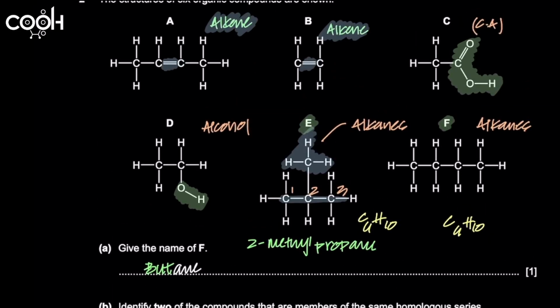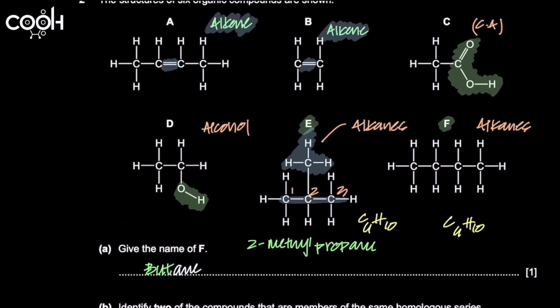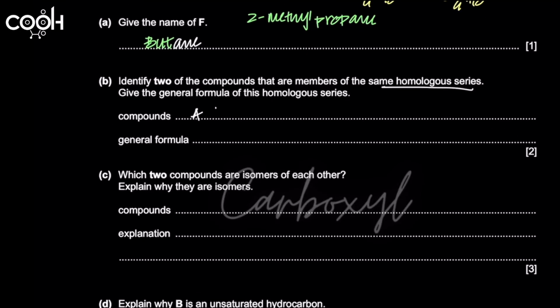So you can either write A and B, or you could write E and F. If you write E and F, obviously they are alkanes, so the general formula is going to be CnH2n+2. And if you write A and B, then the general formula is obviously going to be CnH2n, which means that the number of hydrogens is going to be twice the number of carbons. For E and F, the number of hydrogens is going to be twice the number of carbons plus 2.